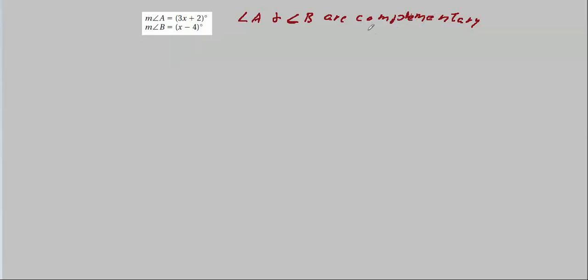So, because of this, we can instantly just write angle A plus angle B equals 90 degrees. Well, now we just substitute, and we get 3x plus 2 plus x minus 4 equals 90 degrees.